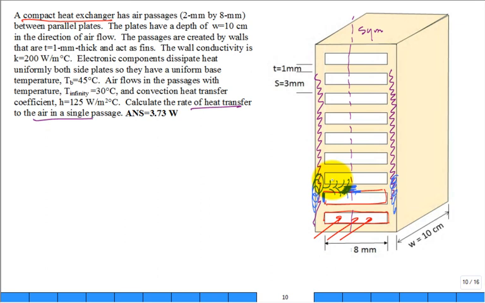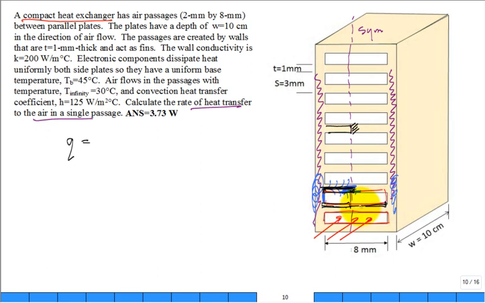See that? And so the way you look at it, you say, I want to calculate Q for one of those passages. The passage really has, let's say, this is 1/4. Well, this is one whole fin with the insulated tip. If I just focus on this down here, I have a half of a fin right here, half of a fin because it's symmetrical.